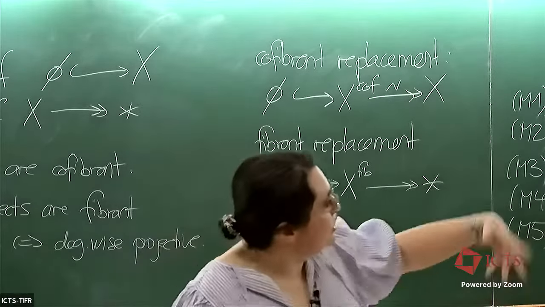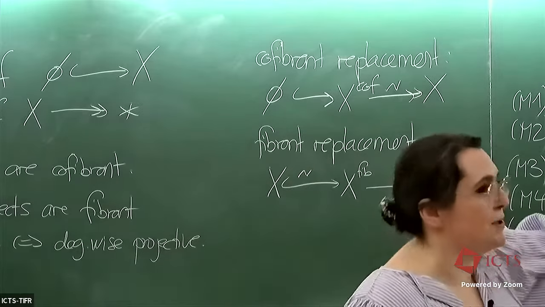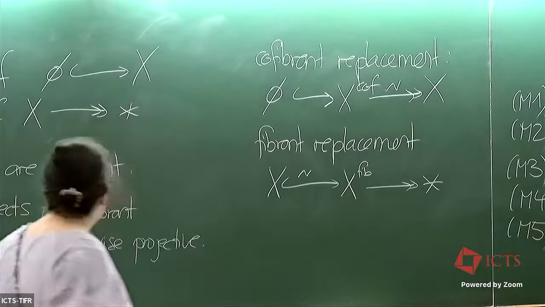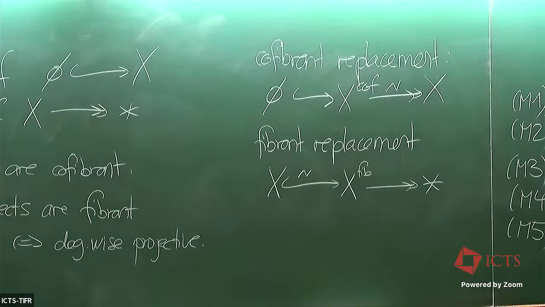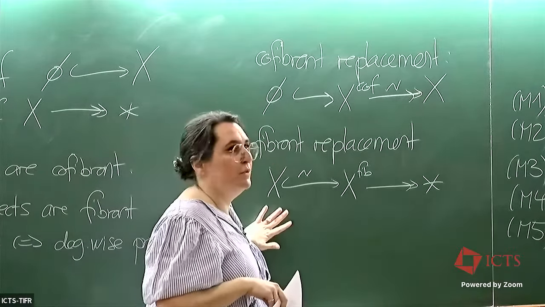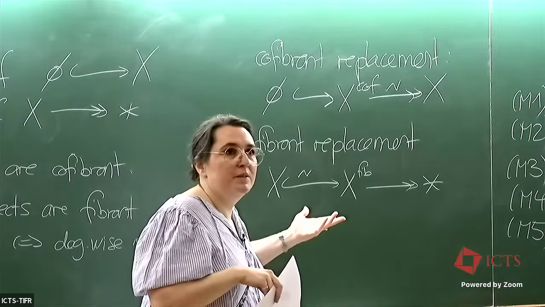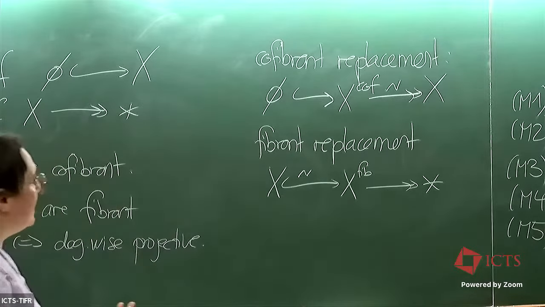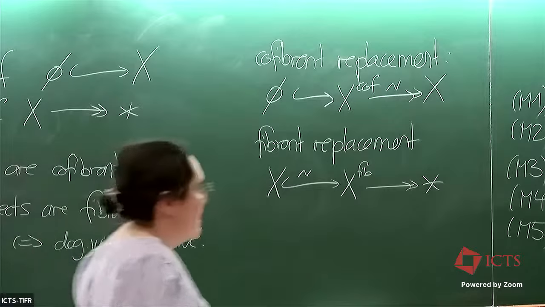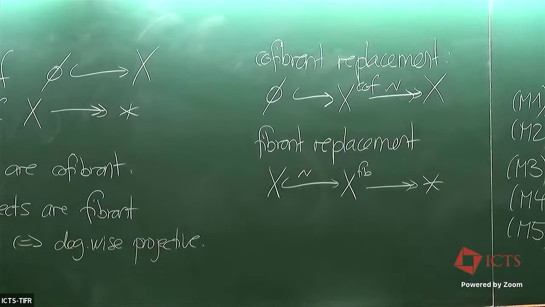And you can do the dual thing if you were doing the injective model structure I briefly mentioned. This would exactly be the other way around. Everything would be cofibrant, and fibrant would be degree-wise injective, and a fibrant replacement would give you an injective resolution. So a lot of things that you will see in basic homological algebra, you can reinterpret as something in homotopy theory.